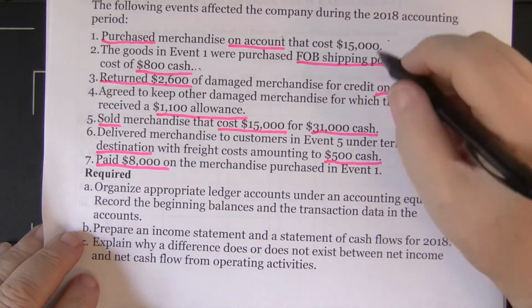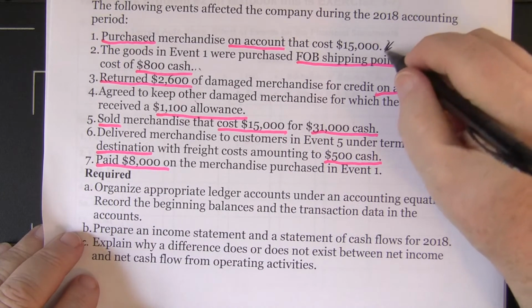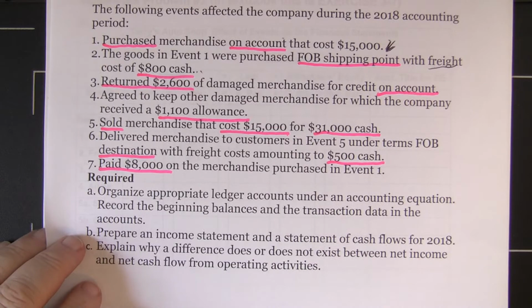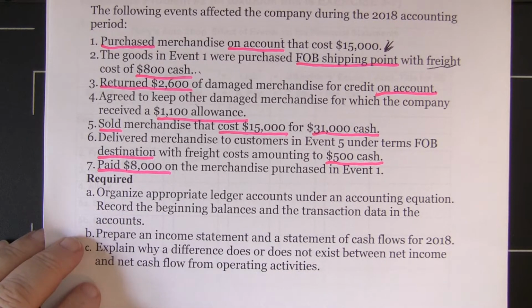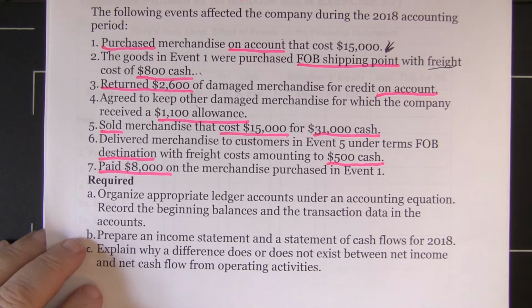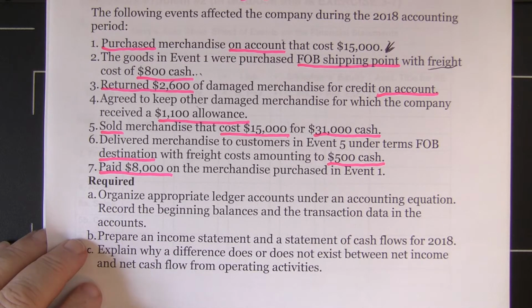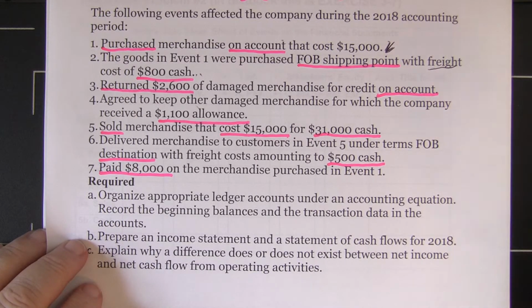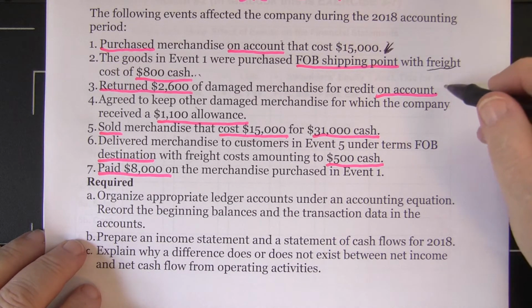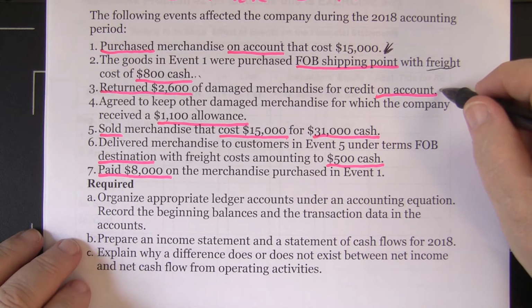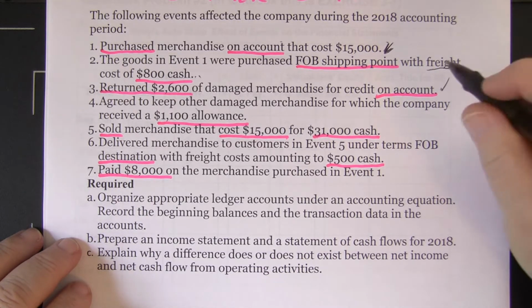What you had to catch was this was FOB shipping point. So the minute these goods were shipped, they were ours. We had to pay for the shipping. Okay, the next transaction is they sent back $2,600 worth of stuff that was messed up.